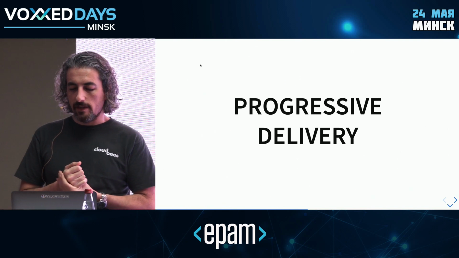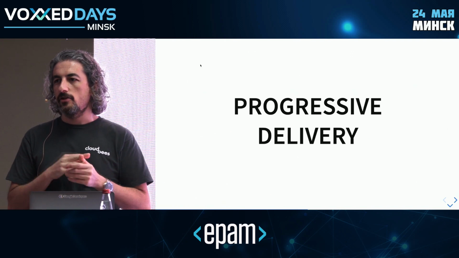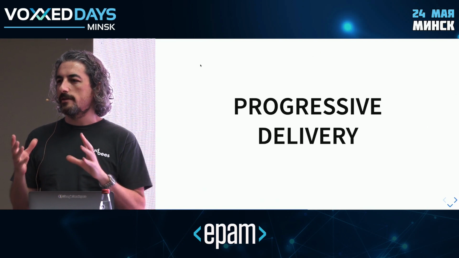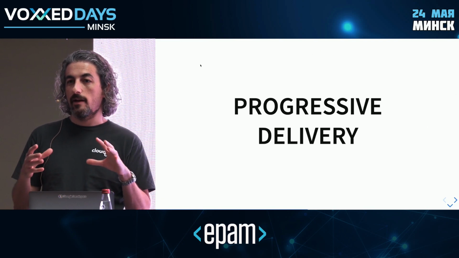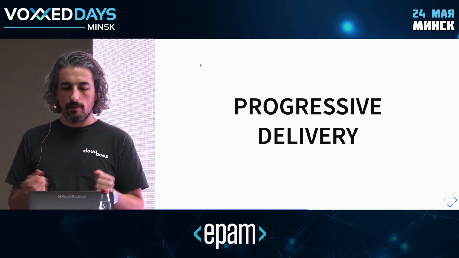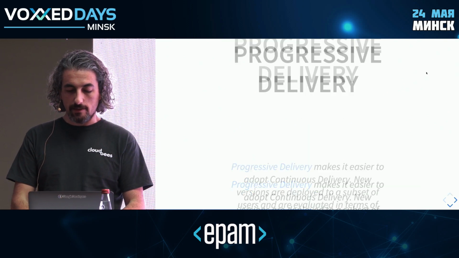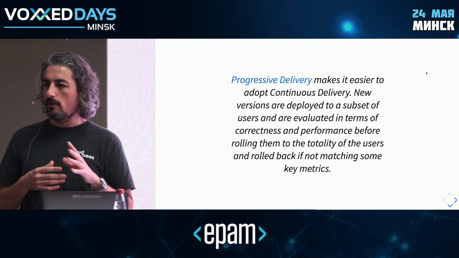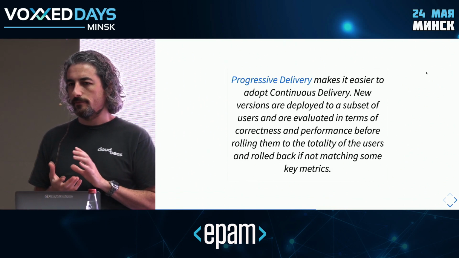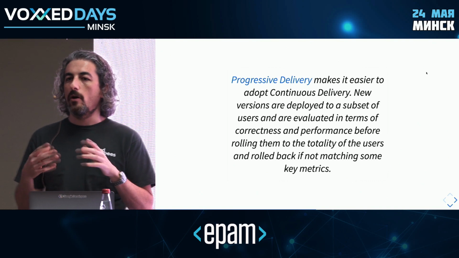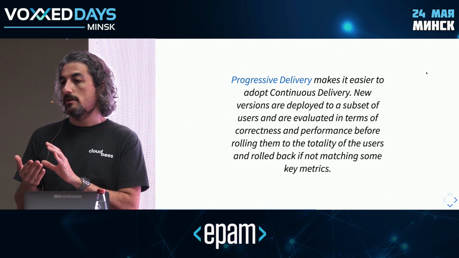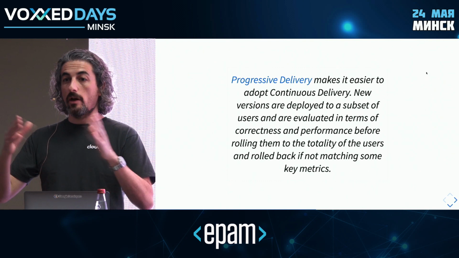So progressive delivery is not something new, but it's the name that groups techniques that already exist, and they all do very similar things. Progressive delivery makes it easier to adopt continuous delivery by deploying your new versions to a subset of users before rolling it out to everybody.